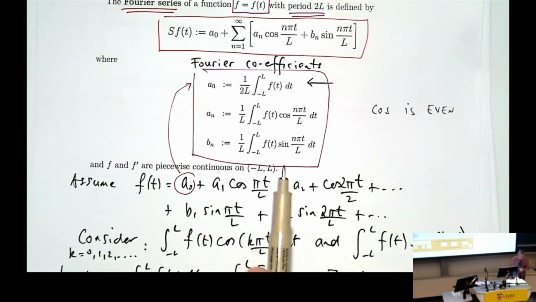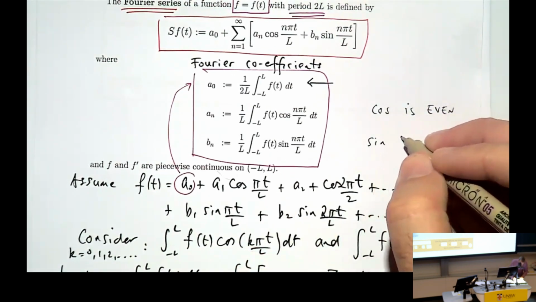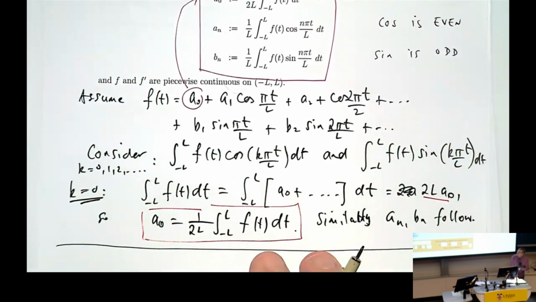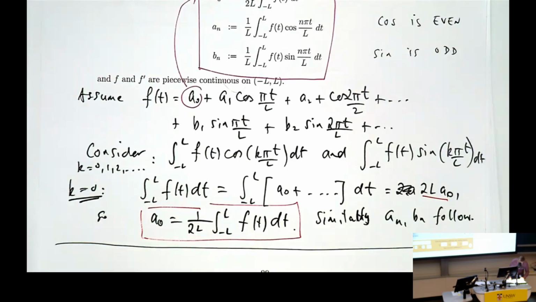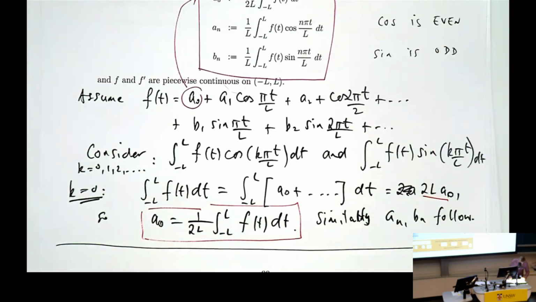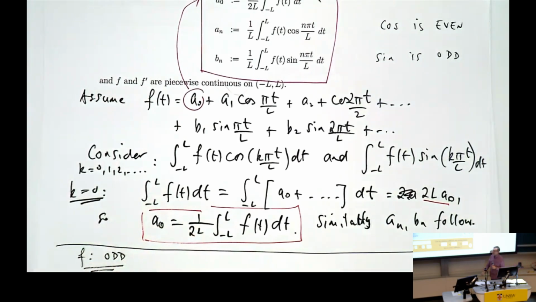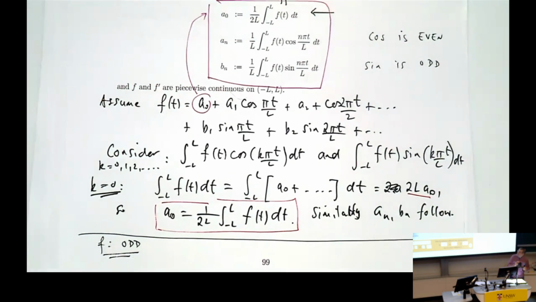Sine? Odd. Okay, so if f is odd, what does this mean for our formulas for the coefficients?